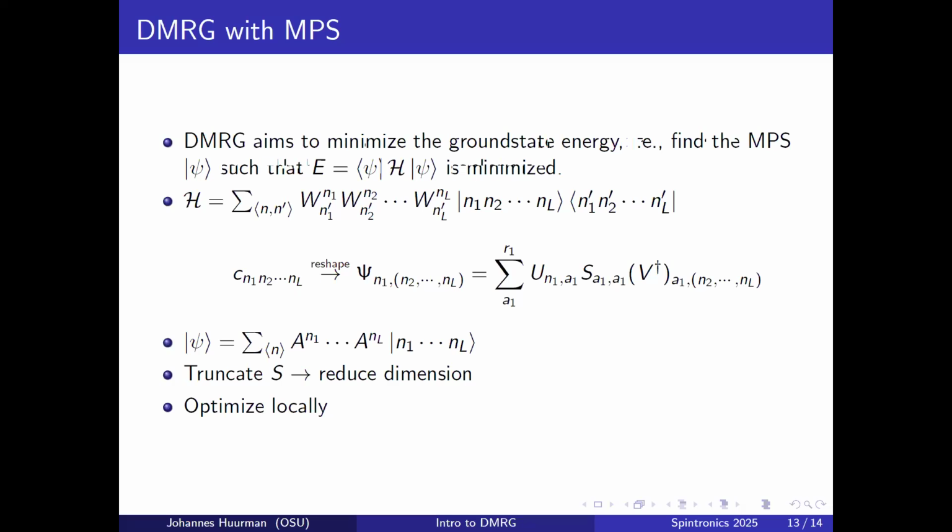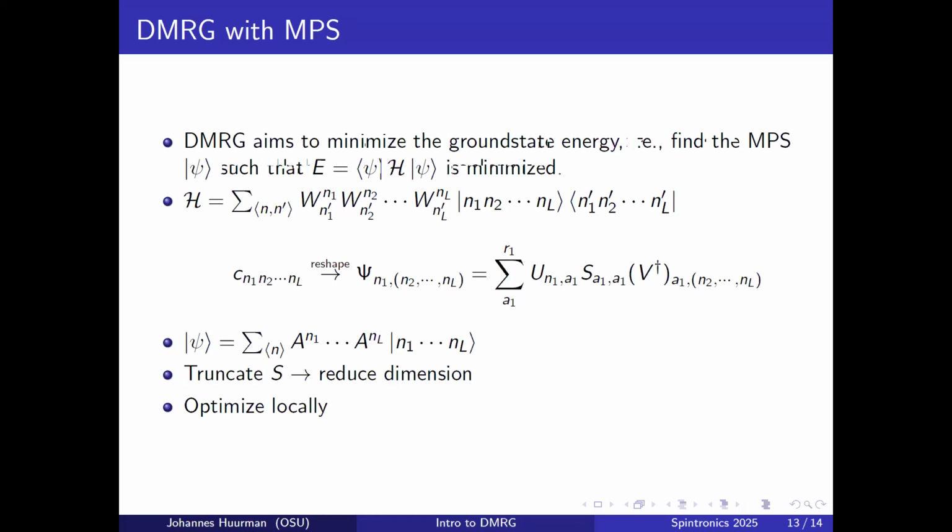What's important with DMRG, as I said earlier, is that every time we decrease the rank of this psi, or just sum over more bond indices, we can truncate the singular values of the system. The number of singular values determines the rank of psi. So if we get rid of more singular values, we'll truncate psi more and more, and hence we'll truncate the Hilbert space. And this makes it very easy to compute things.